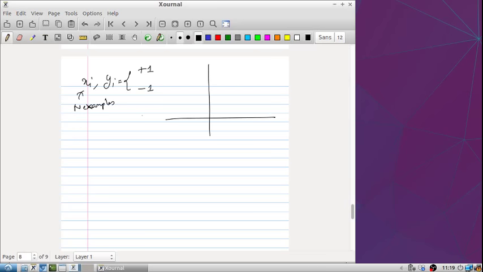Pictorially, you'll have a bunch of -1s on one side, and maybe +1s on another side. I'm just drawing the class labels, but let's think of it as a two-dimensional data set. So I'm just putting the labels at the places where the features themselves are. The feature is two-dimensional, so it will be a point on that plane, and I'm just putting a -1 or +1 wherever they are.